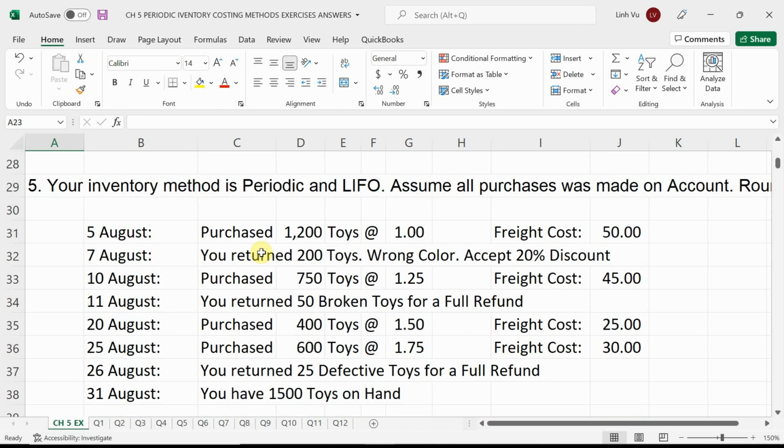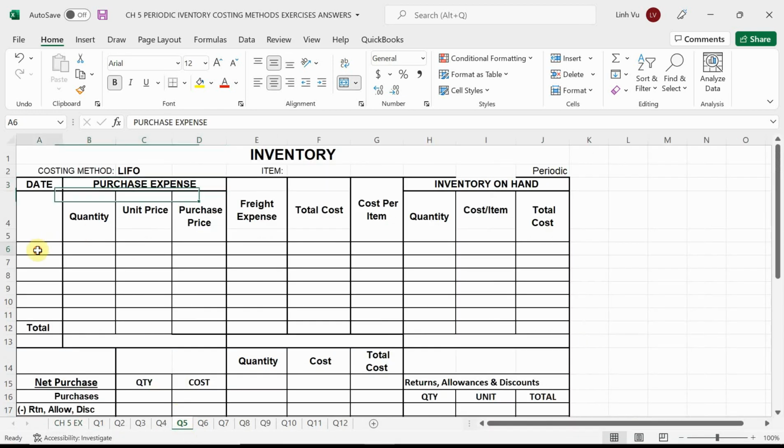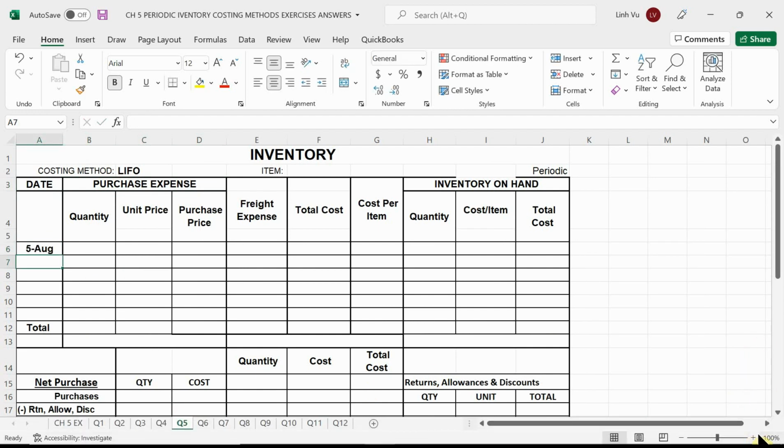Question 5 says on August 5th, we end up purchasing 1,200 units at $1 each with a freight cost of $50. Let me make this a little bigger.